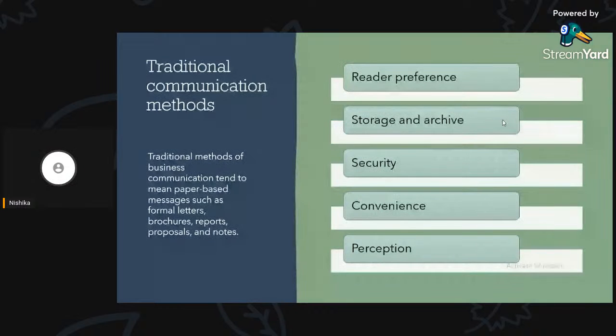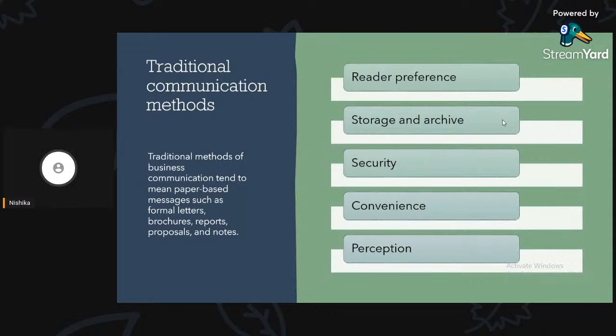So what were the advantages of traditional communication, or what are the pointers that need to be kept in mind while we are talking about traditional communication methods? The first one is reader preference. One of the important elements of any type of communication is how effective the message is. Communication is most effective when the message is clearly received by the intended audience.